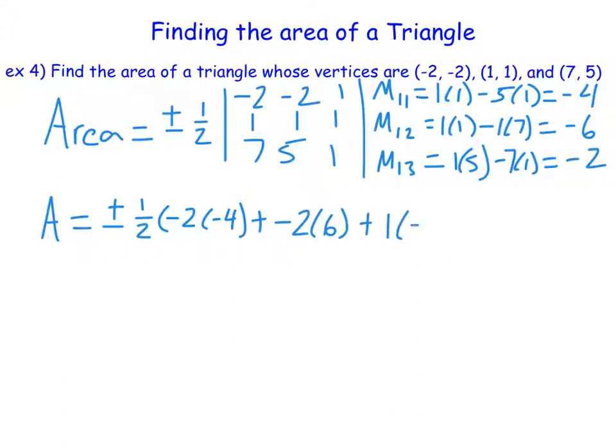Plus 1 times negative 2. Looks like we have negative 8 plus, or excuse me, that would be positive 8, minus 12 would be negative 4, minus 2 more, so that determinant comes out to be negative 6.